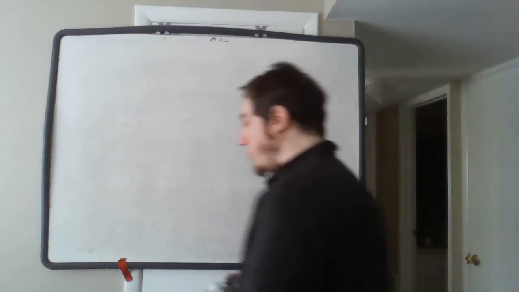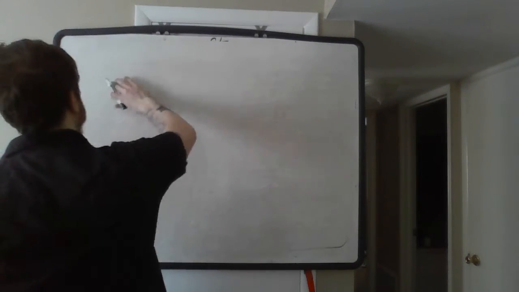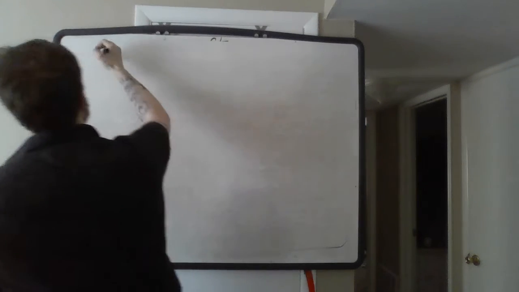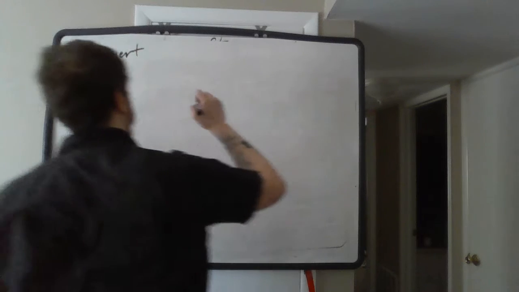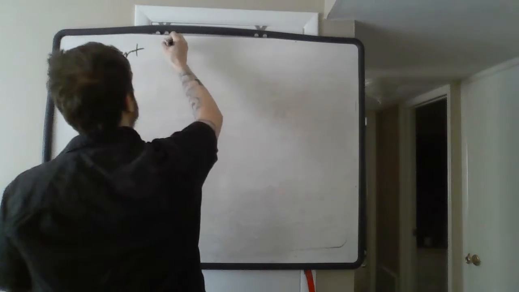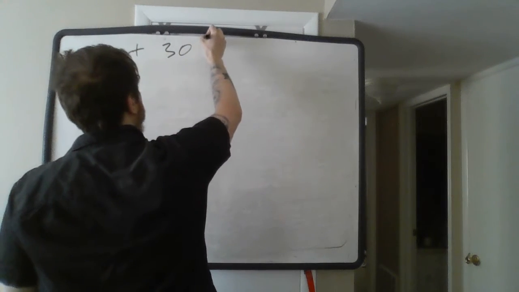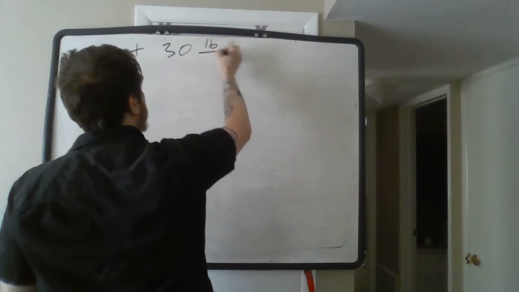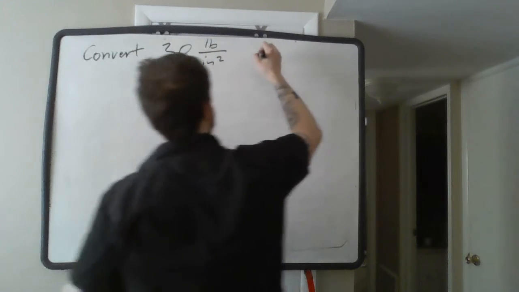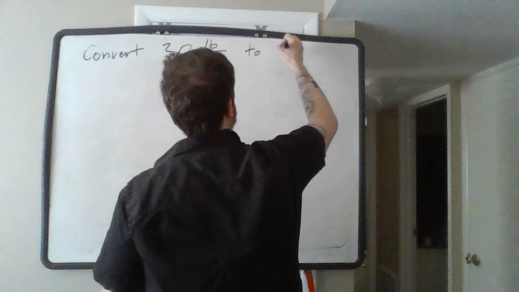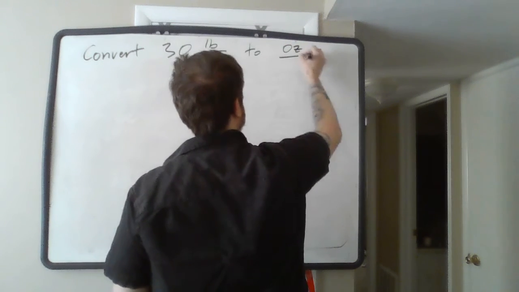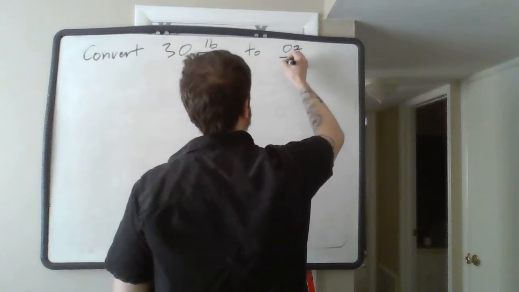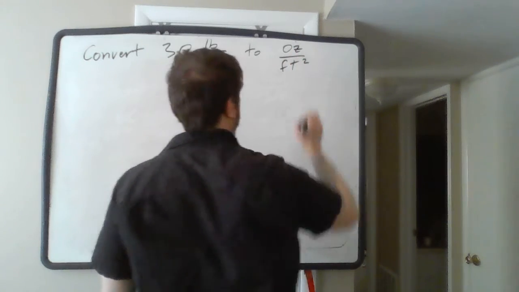So, for example, we could have a situation where we want to convert, let's say, 30 pounds per square inch to ounces per square foot.